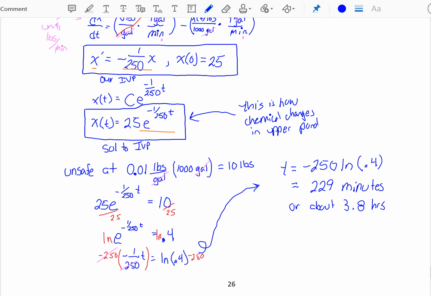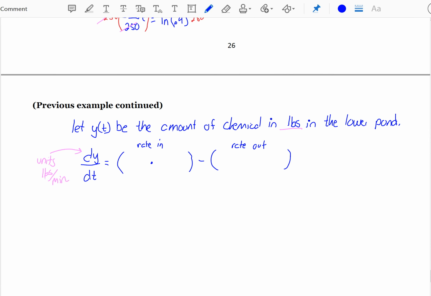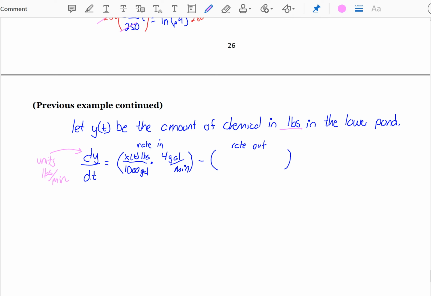So there's different ways you could write it, but I'm going to write this in steps just so you could follow my work. So it's going to be coming in at x of t measured in pounds. And the upper pond is always at 1,000 gallons, so its volume is 1,000 gallons. And it's coming into the second pond at 4 gallons per minute. So if we're keeping track of our units, the gallons and the gallons will cancel. So this will be measured as pounds per minute like we want.